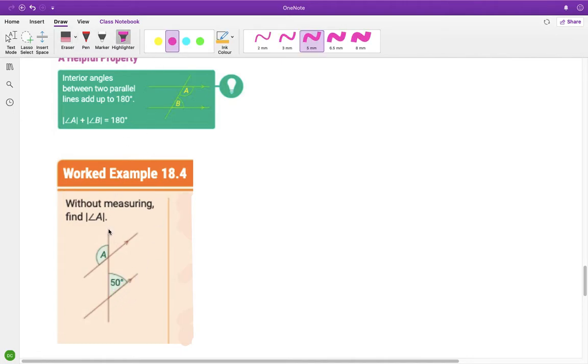Down the transversal, one arm on the parallel line, one arm on the parallel line. So there's my F, upside down. So the two angles are in between the lines, outside the lines. So they're equal. Yeah? So I can say that that angle there is 50 degrees. Is that fair enough?